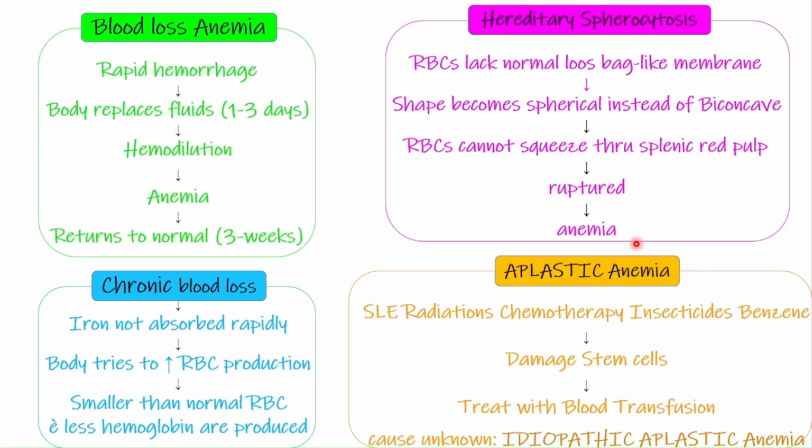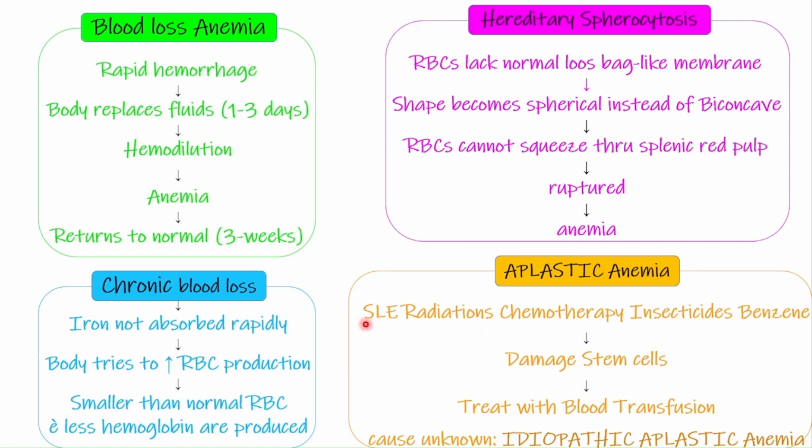And finally, we have aplastic anemia. In aplastic anemia, there is damage to the stem cells from which the red blood cells are to be produced. If the stem cells are damaged, then the bone marrow cannot produce red blood cells. What are the causes of damage of stem cells?